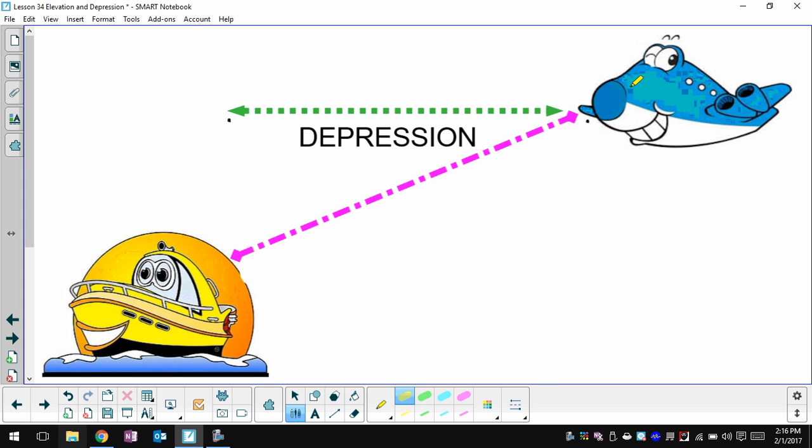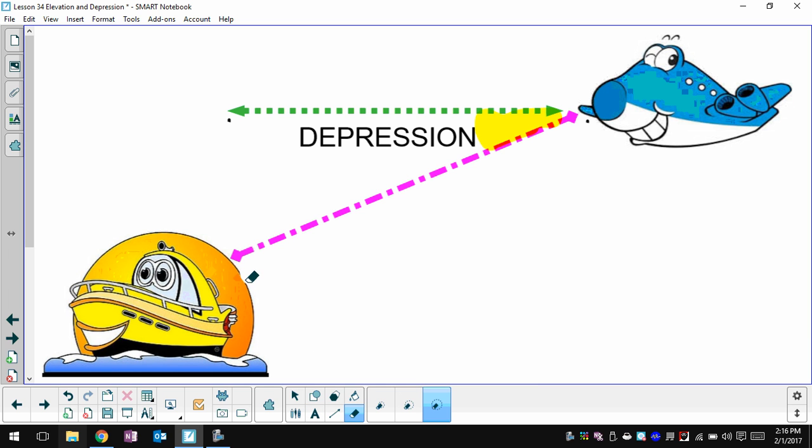So the angle between the plane, somebody on the plane looking straight, horizontal, and then looking down towards the boat is this angle right here, and we call that an angle of depression. It's an angle that's formed by looking down.